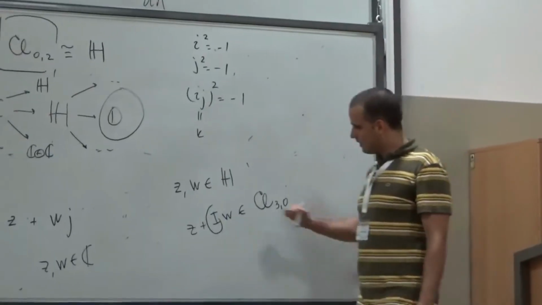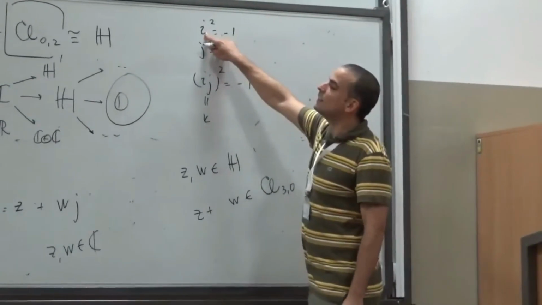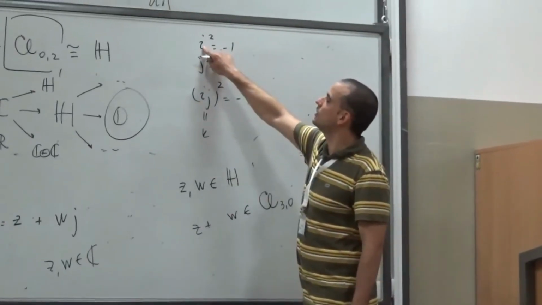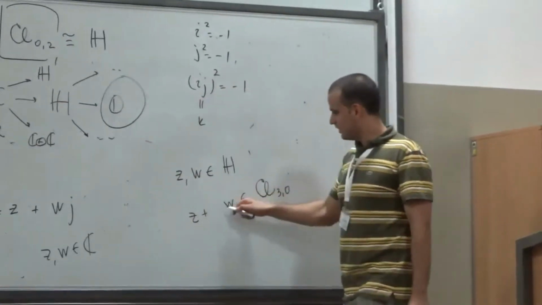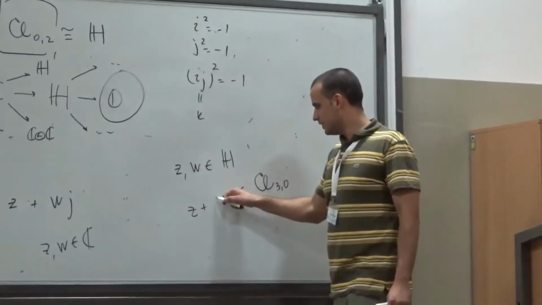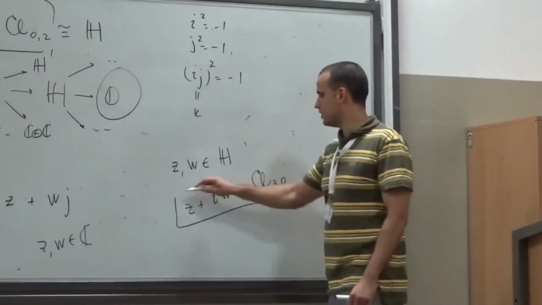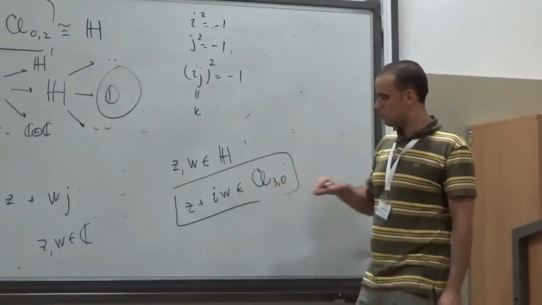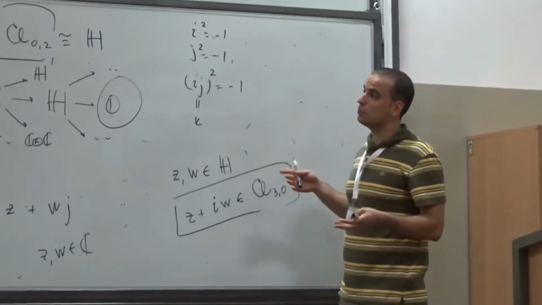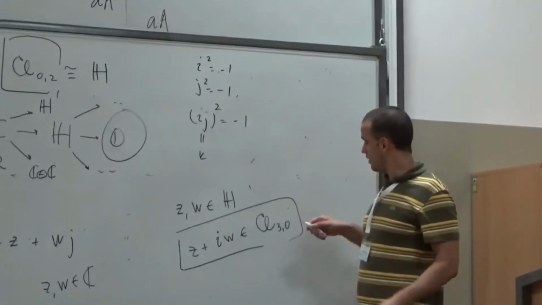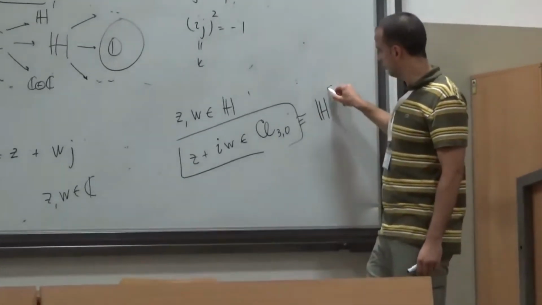So, okay, it's not nice because I used IJK following Hamilton, but this I would be a different I. But this I is the imaginary unit. So it turns out, just as an algebra, this is just a complexification of the quaternions. Okay?